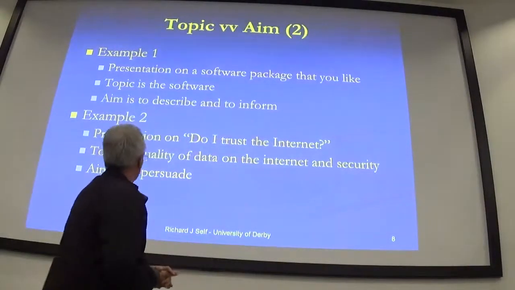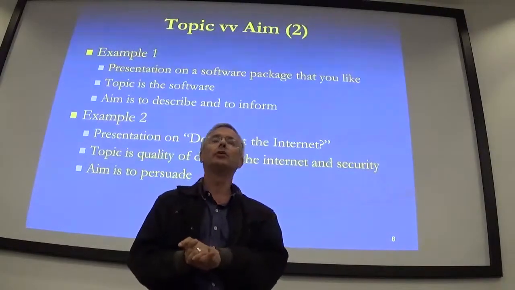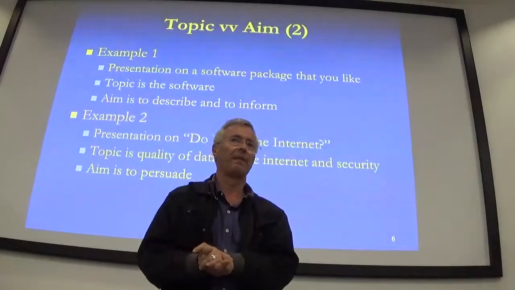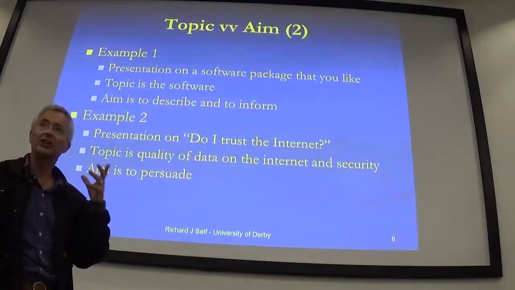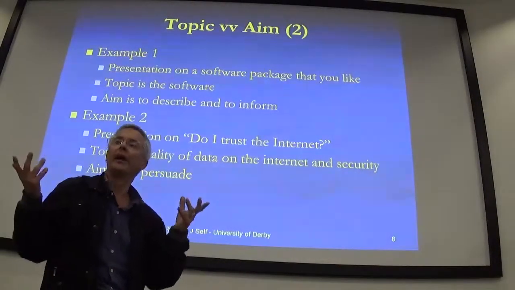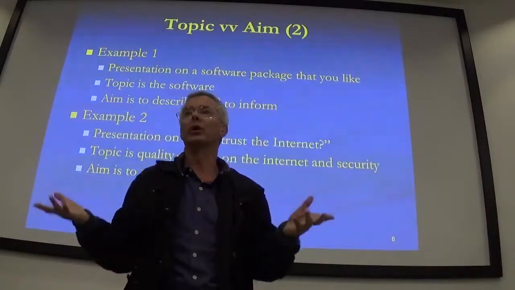The second alternative is a question that I could pose to all of you. Do you trust the internet? So the presentation itself might be all about how the internet works and the way that its security works or doesn't work, as the case may be.